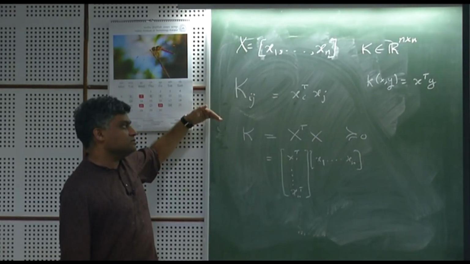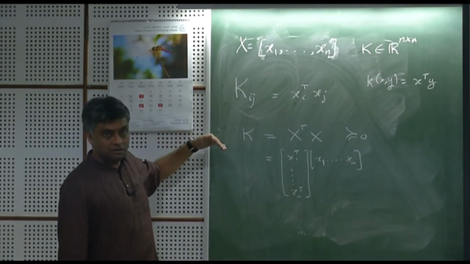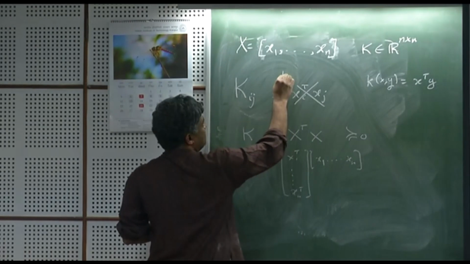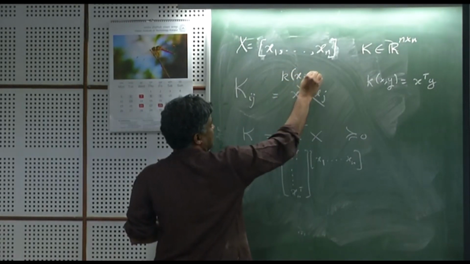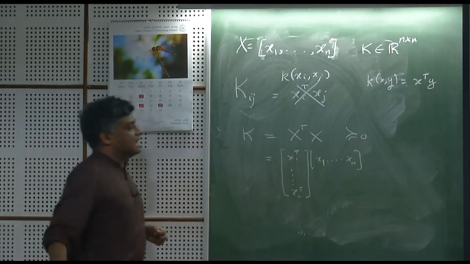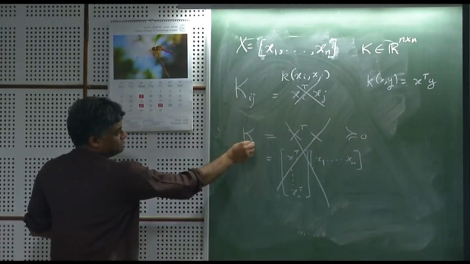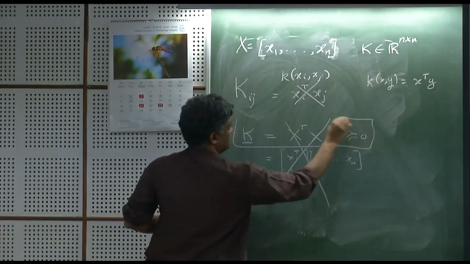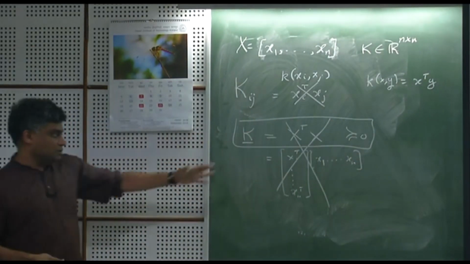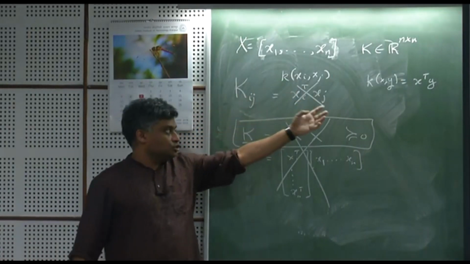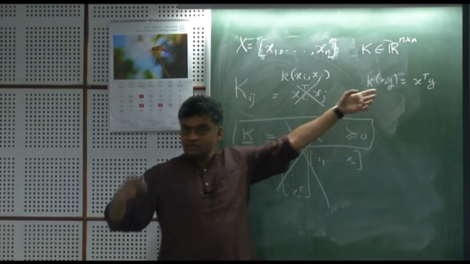So let's try to say that if I want something to be a kernel, then remove this and define this to be k(xi, xj). And insist that this matrix is positive semi-definite. I don't have this structure anymore because this product is no longer x transpose y, it's something else.